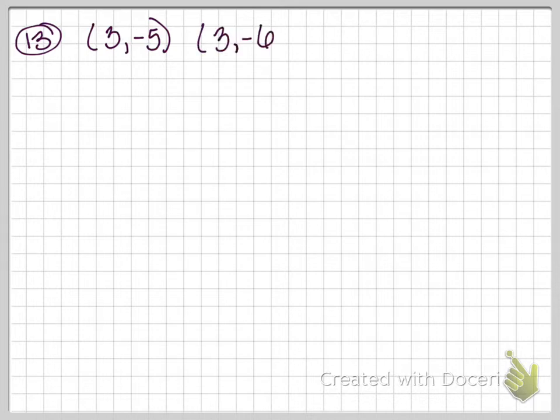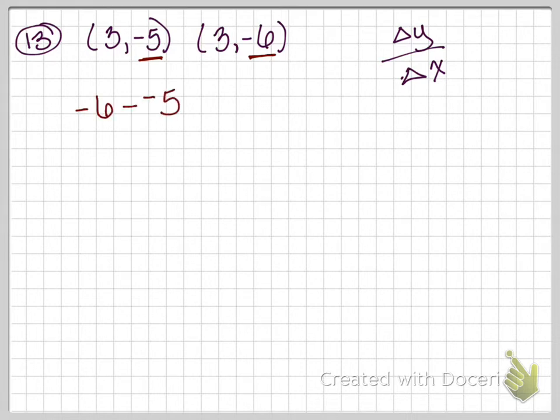Last one. Find the slope of the line that contains the points (3, -5) and (3, -6). So I have change in y over change in x. I'm subtracting -6 minus -5.